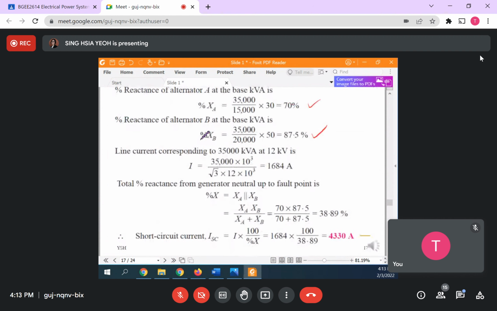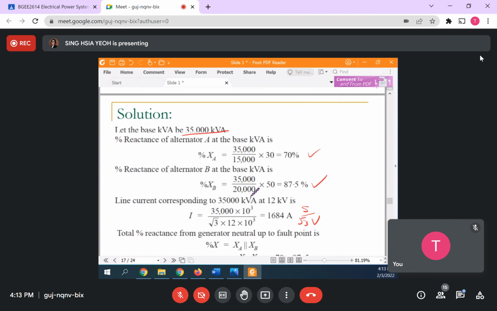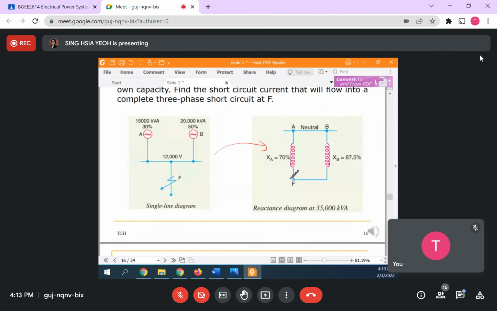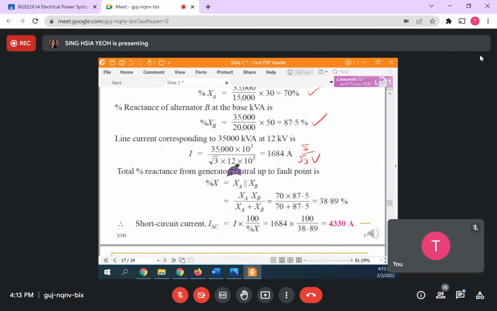Then the full load current is S over root 3 V. Why do you need to do parallel? Because according to the circuit, the fault is here, so this line and this line are in parallel. It is not every time plus together. So the %x here is parallel, so you do parallel.